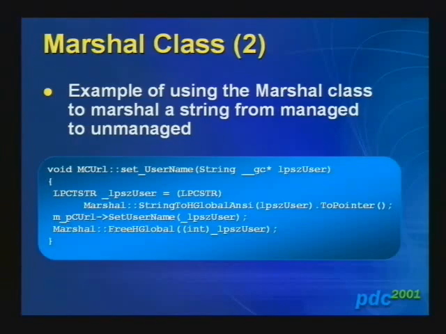Since this is the ANSI version, it will also do a conversion from wide characters to narrow characters. And then the ToPointer here translates my IntPtr to a pointer that's relevant for my platform, in this case a 32-bit pointer. And I then call my unmanaged function, passing it a normal narrow character pointer. And then finally I free up this global memory buffer by using one of the helper functions on the Marshal class, which is FreeHGlobal, which you could do exactly the same way by just calling GlobalFree on that value.